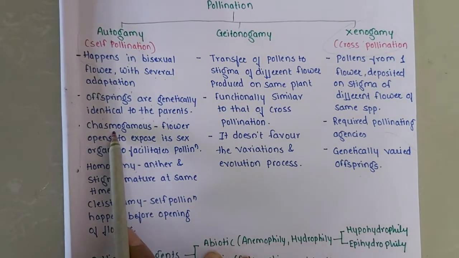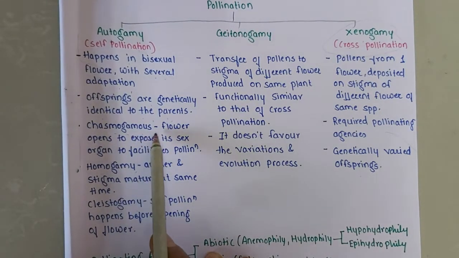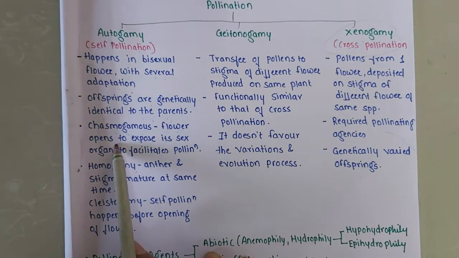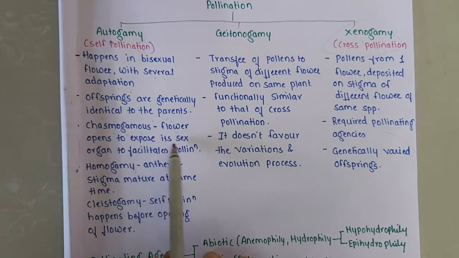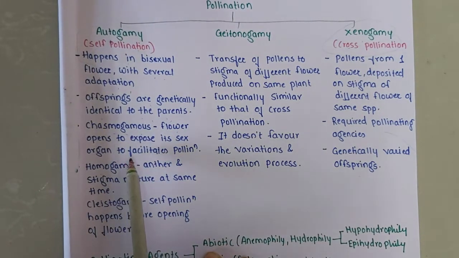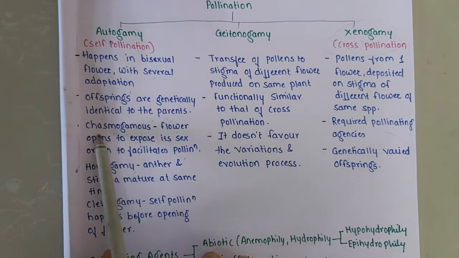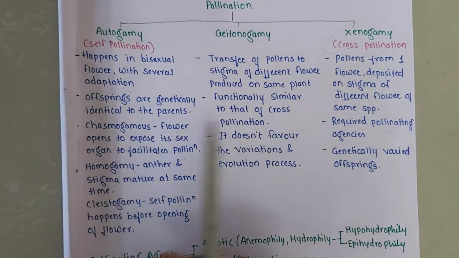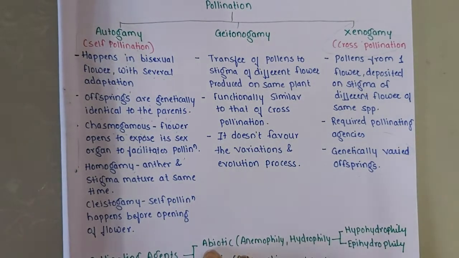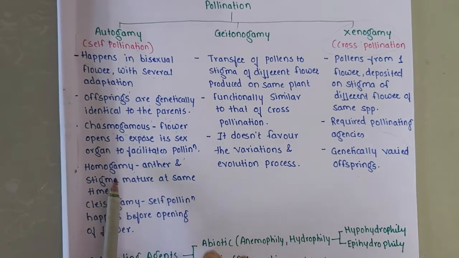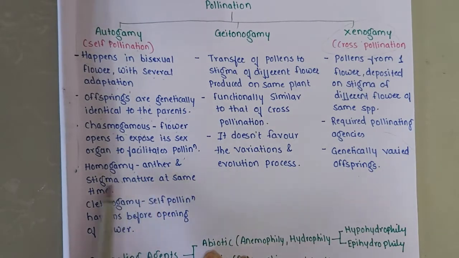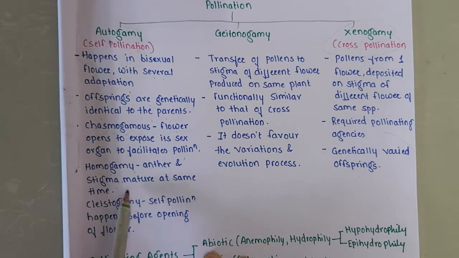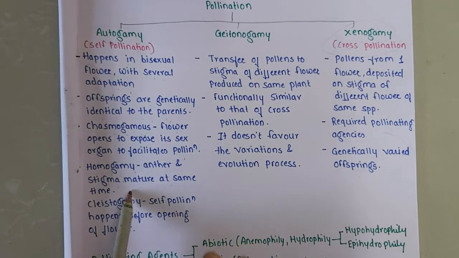So what is chasmogamy? Chasmogamy is when the flower opens to expose its sex organs to facilitate pollination. Next is homogamy. Homogamy means the anther and the stigma mature at the same time, so it can facilitate self pollination.